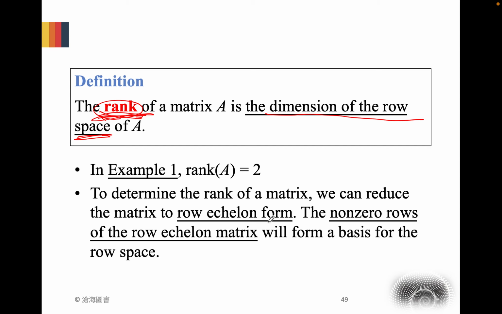And after doing that, some row vectors would be all equal to 0. So what does that mean? That means this kind of row vector can be represented as a linear combination of other row vectors, right? So the other non-zero rows can form the basis of the row space. So the number of non-zero rows is the rank of the matrix A.